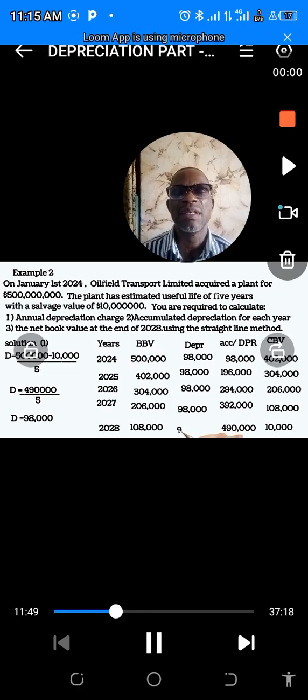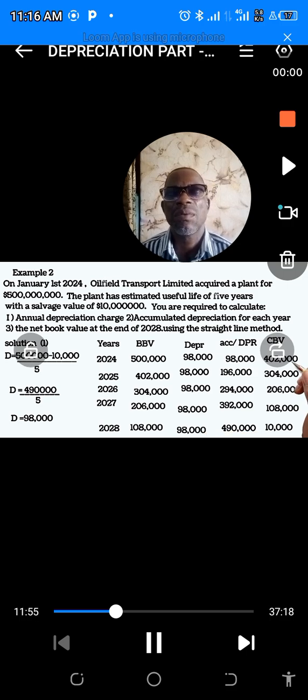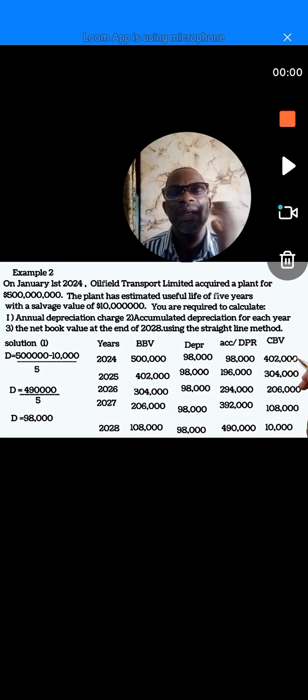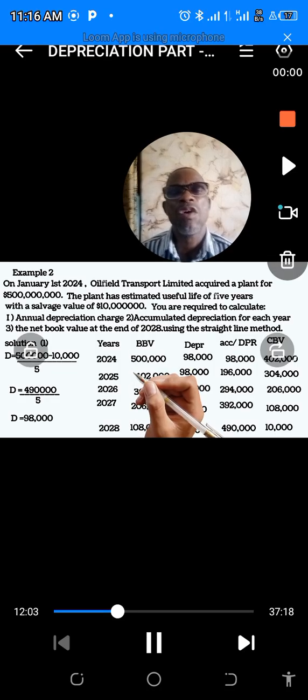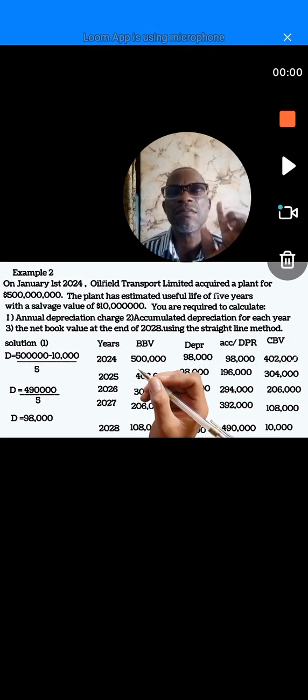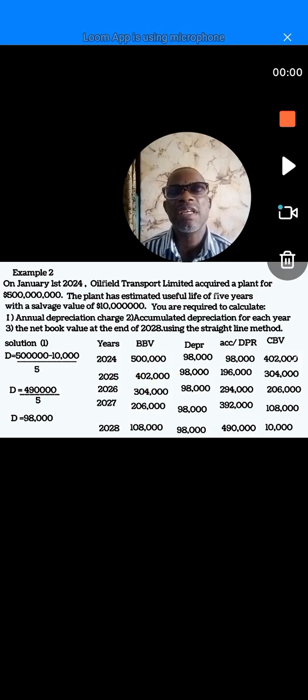Now, listen, the closing book value for 2024 is the beginning book value for 2025, and the closing book value for 2025, which is 304,000, is the beginning book value of 2026.